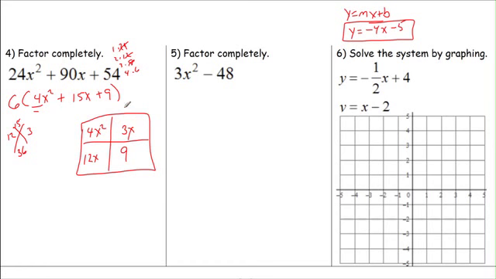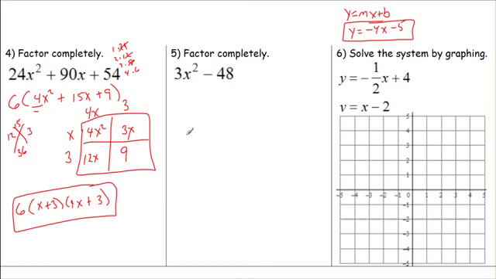Greatest common factor going this way is 3. Going this way is 4x. Going this way is 3. Going this way is x. So, don't forget our greatest common factor at the beginning, 6 times x plus 3 times 4x plus 3.